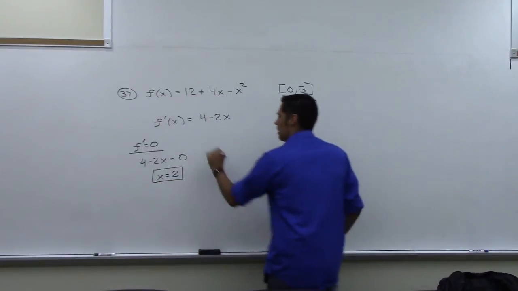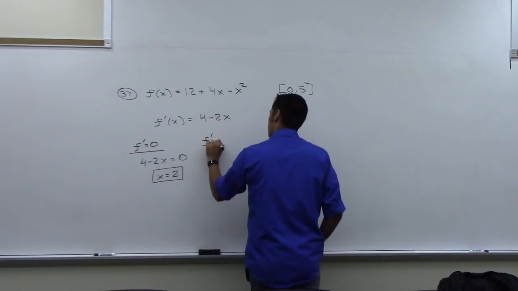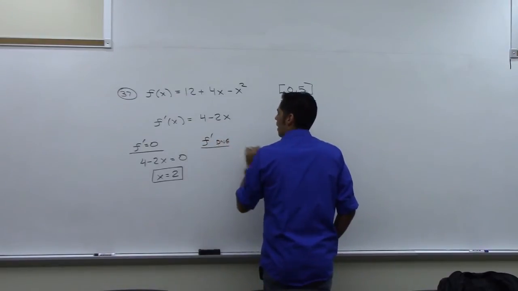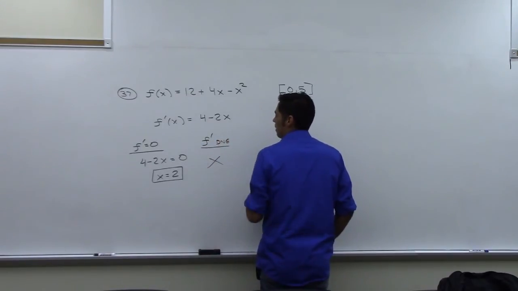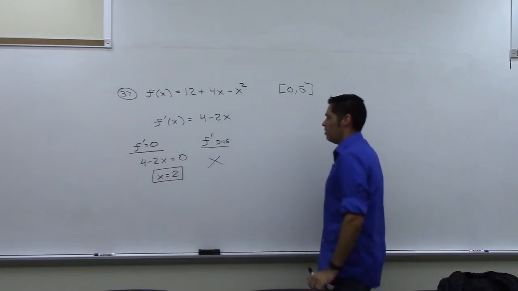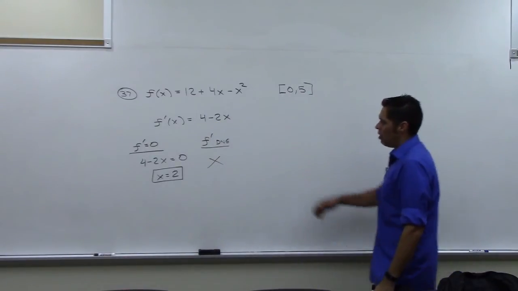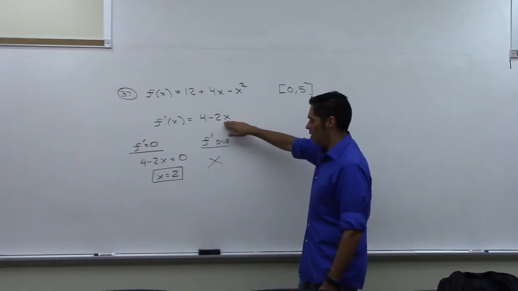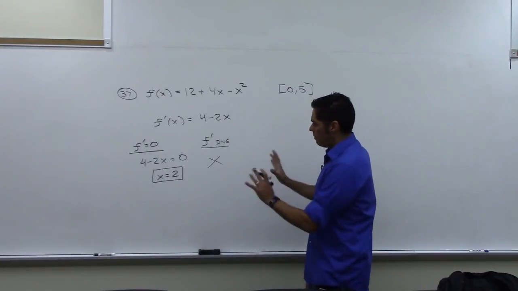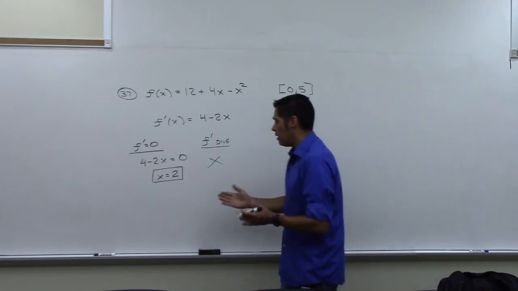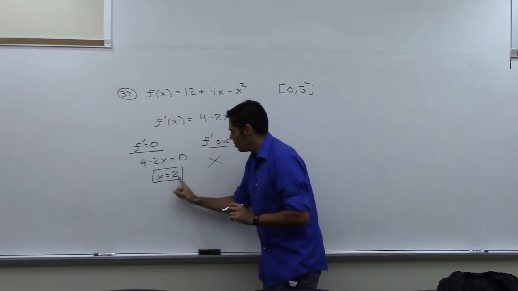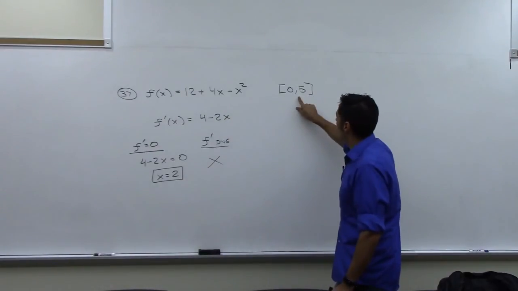And then I need to figure out if this thing is ever undefined or doesn't exist. And that doesn't happen because that's a polynomial that's never going to have any problems. You can plug any x value you want in here. Now, when I look at my critical numbers, I only have one here. I need to make sure that this critical number is in the interval, which it is.